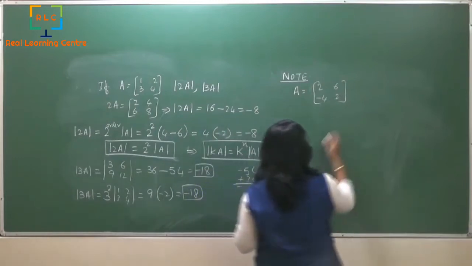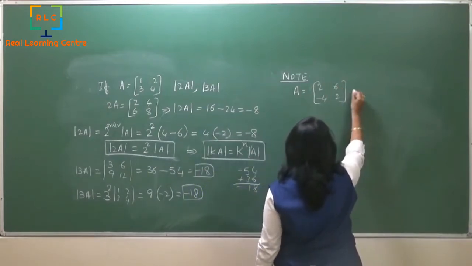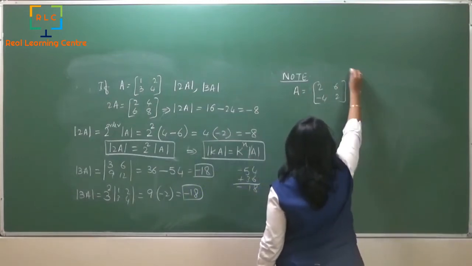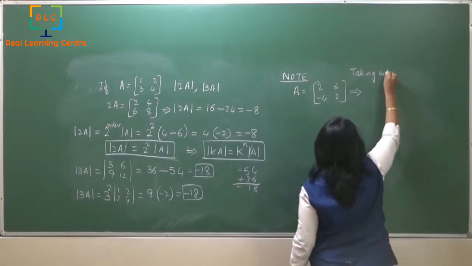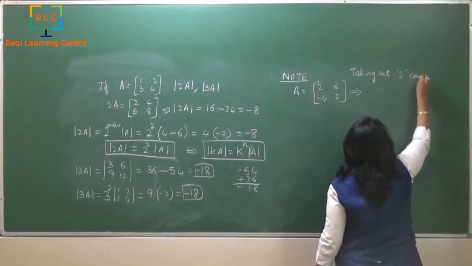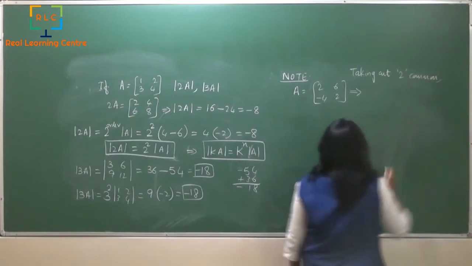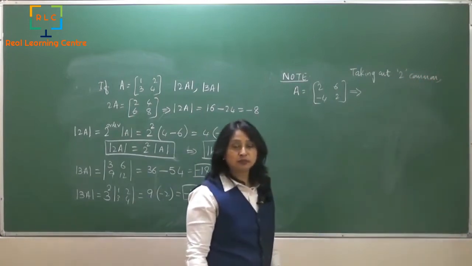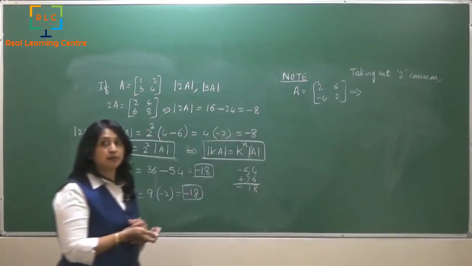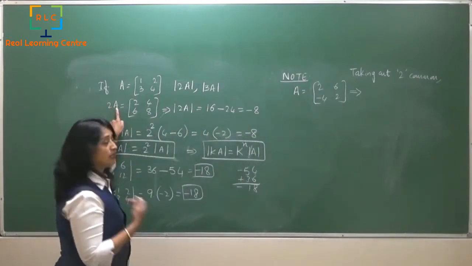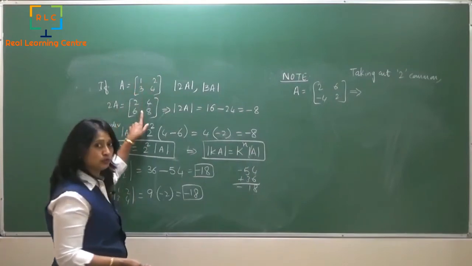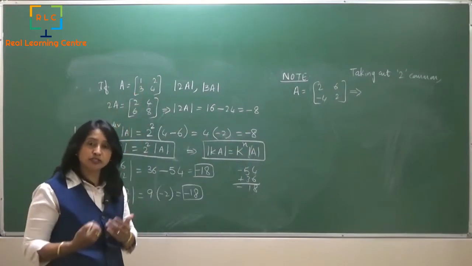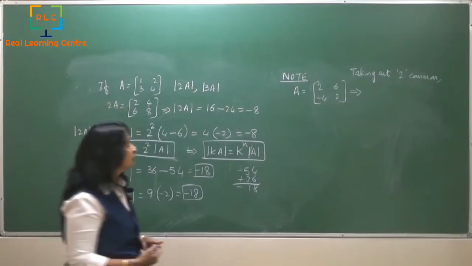Now here, if I take out something common, taking out 2 common from a matrix, you know how we should take out the common? When I am doing scalar multiplication by 2, what did I do? I multiplied every element of the matrix by 2. So if I have to remove a common factor, I have to do the same procedure in reverse. So it will be what?